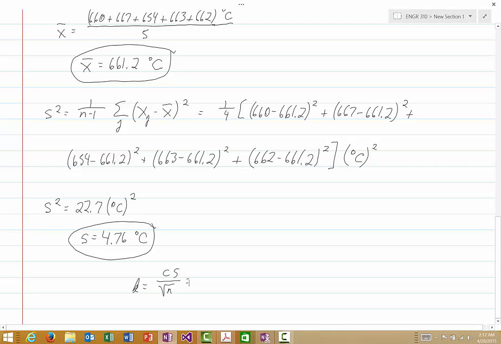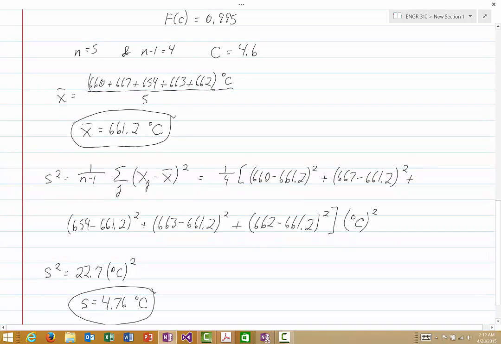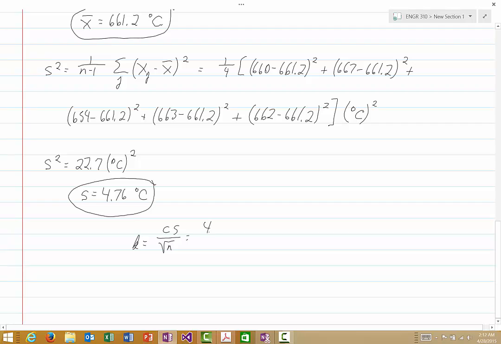C, recall, we found it is up here. C is 4.6. So we have 4.6. S is 4.76 degrees centigrade. And in the bottom we have the square root of n. Again, n was 5. So we have square root of 5. And when you do this calculation, you will get k is equal to 9.8 degrees centigrade.